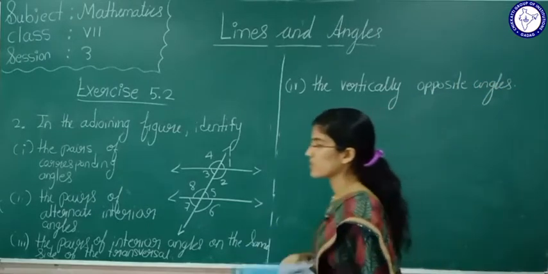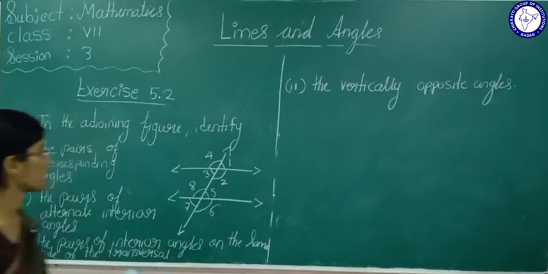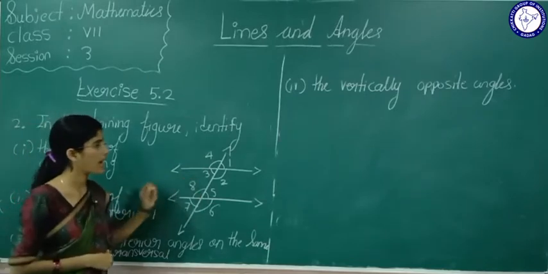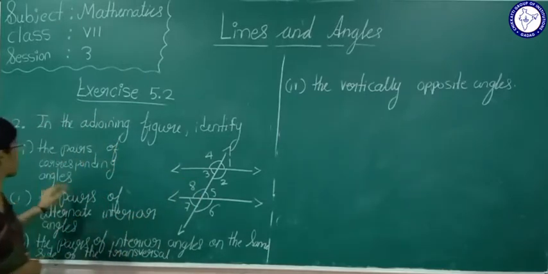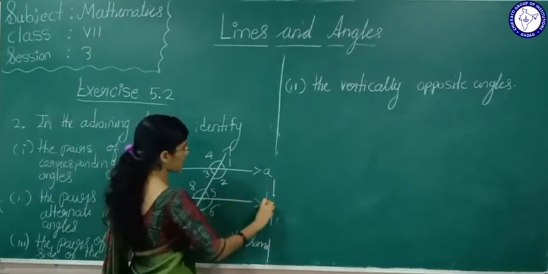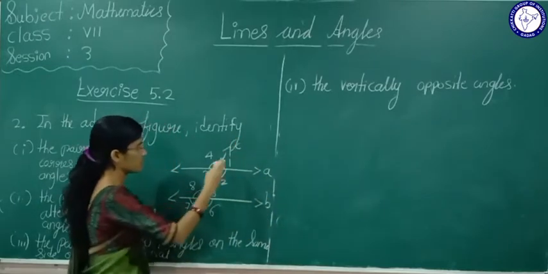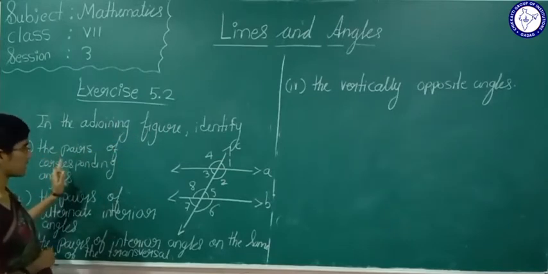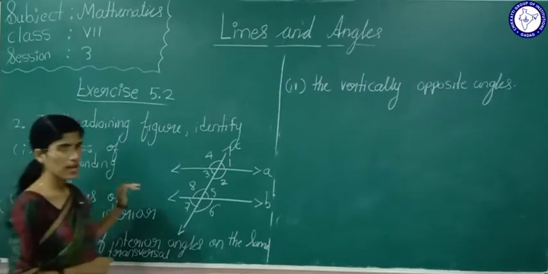Now see here, in the adjoining figure, identify. This is the adjoining figure. Now what can we identify? See here, A and B are the two lines. In the adjoining figure, identify the pairs of corresponding angles.